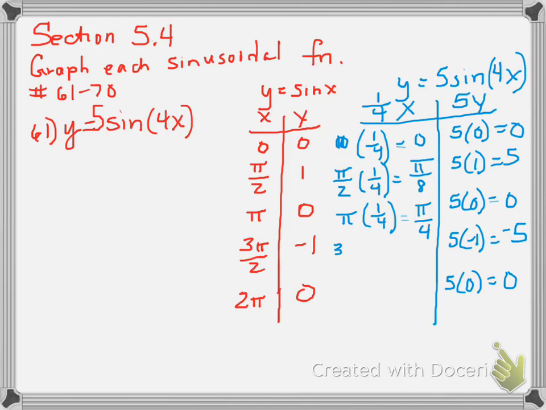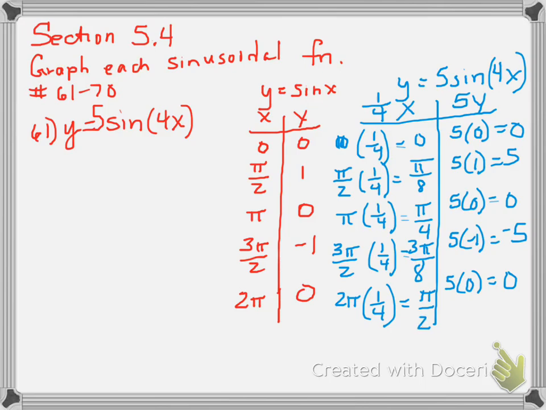Then 3 pi over 2 times 1/4, which is 3 pi over 8. And then 2 pi times 1/4, which is 2 pi over 4, which is just pi over 2.